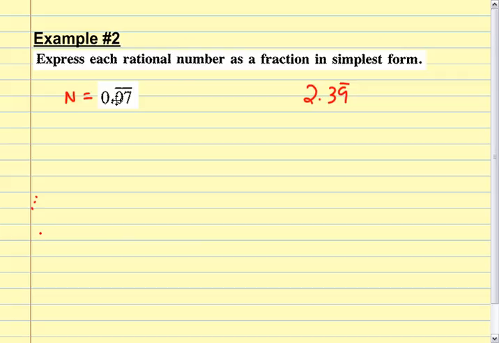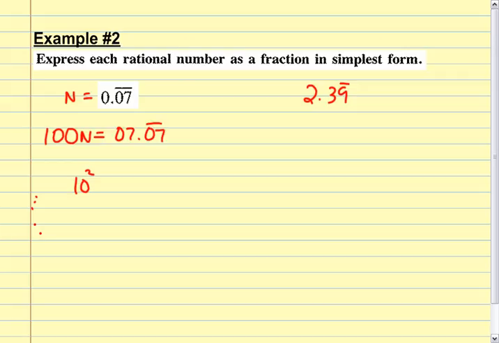Now, how many digits are repeating, Ryan? 2. 2 of them. So I want to multiply n by 10 to the 2, or 10 to the second. Okay? I want to multiply it by a 1 with 2 zeros.